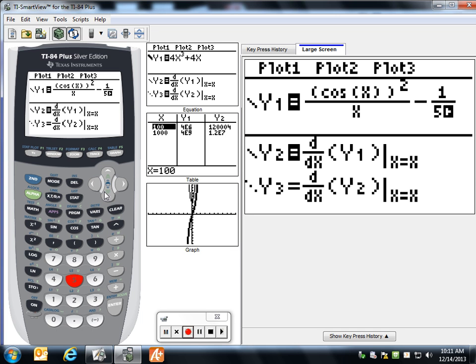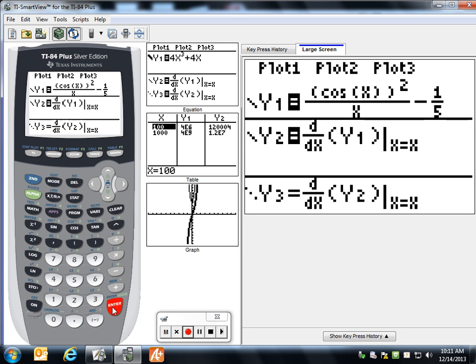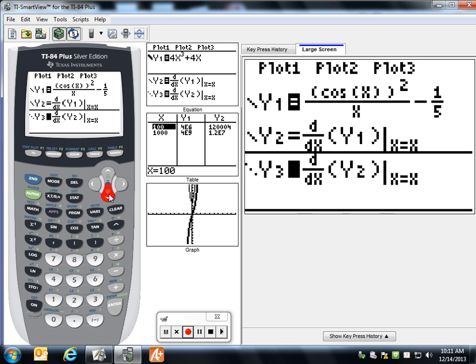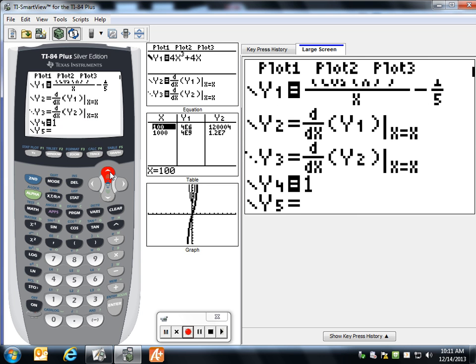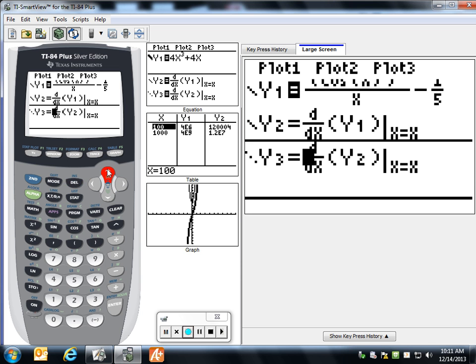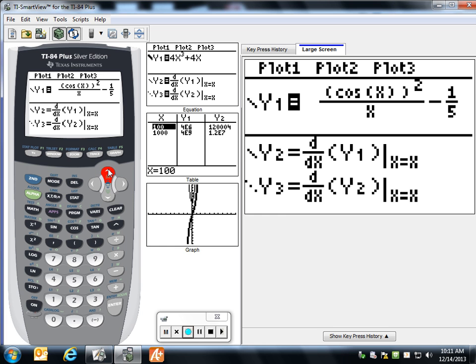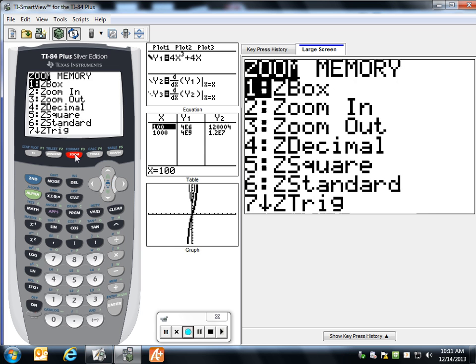And let me come down here and turn off these other graphs because I don't want them to graph. Let me make sure that there aren't any others. This was from that previous problem we did earlier in the review, and I will only end up graphing that first one. Alright, so zoom 7 I'm going to use for trigonometric functions.